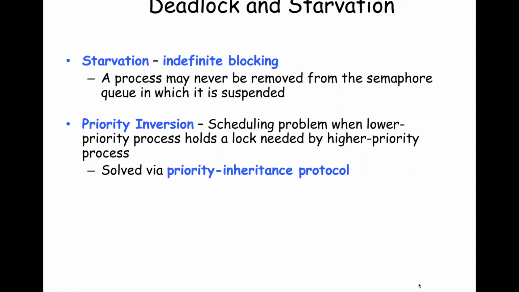Now, of course, if it gets the processor first, it's going to execute the acquisition of the lock before the lower priority process does. And in that case, you can get this idea of priority inversion in that even though you have a certain priority, the locking system is kind of flipping that, right? And so priority inversion is a scheduling problem when a lower priority process holds a lock needed by a higher priority process.